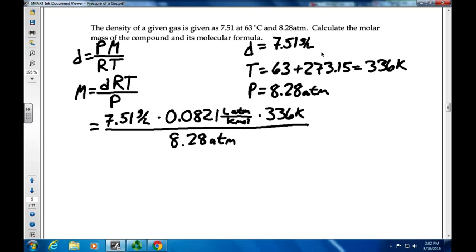Note that liters and liters cancel each other out, atmospheres and atmospheres cancel each other out, Kelvin and Kelvin cancel each other out, and we're left with grams per mole, which, as you know, is a unit for molar mass. So when you do the calculation out, we get 25.0 grams per mole.